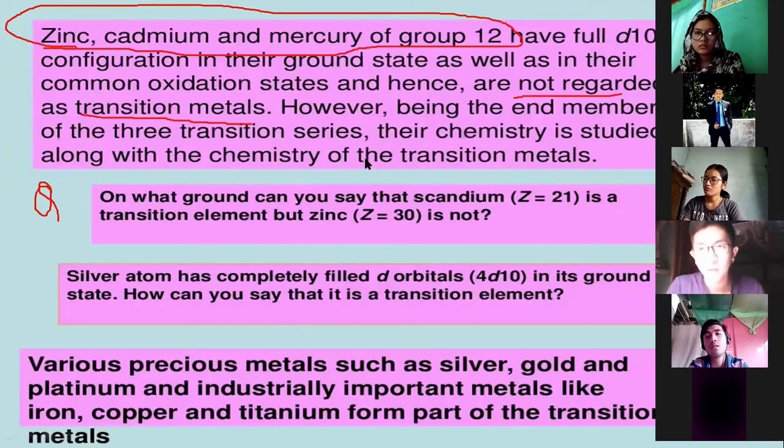Why does silver have completely filled orbitals? Look at the second question and tell me. Is there anyone who knows the answer?